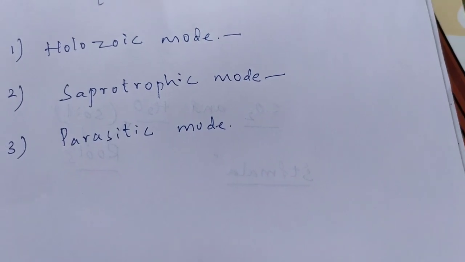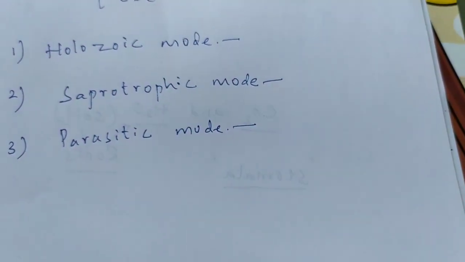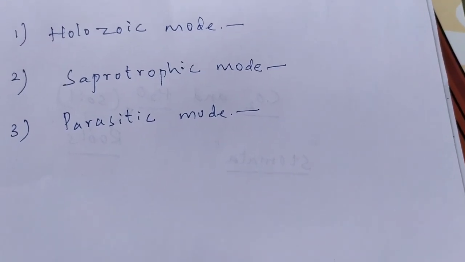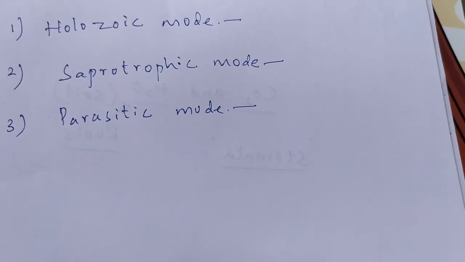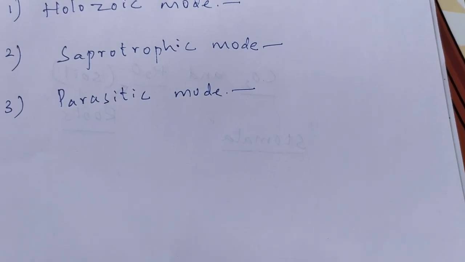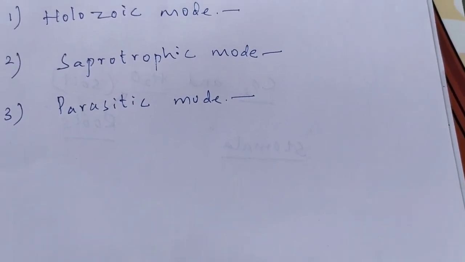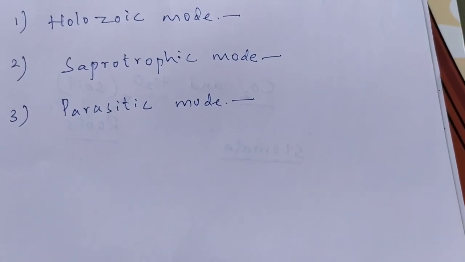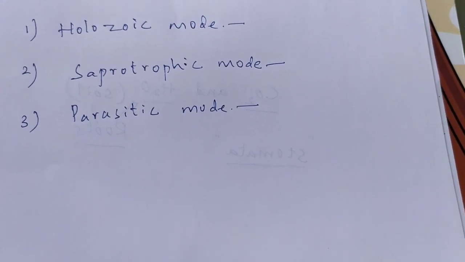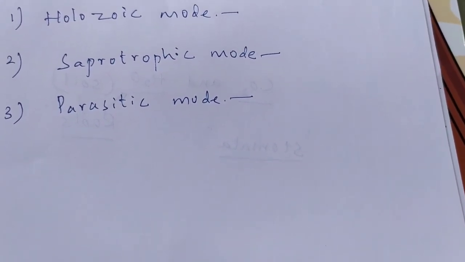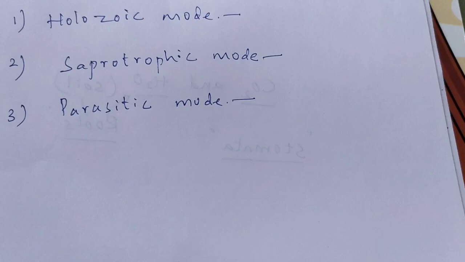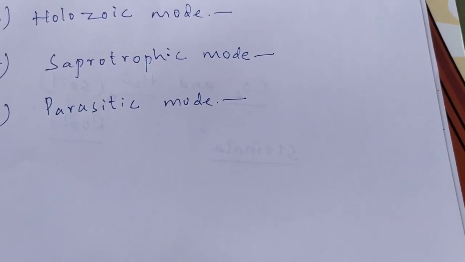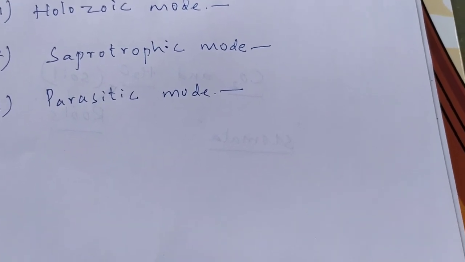The third type of nutrition is the parasitic mode of nutrition. This is a type of nutrition where the organisms derive food from the host. The organism which is dependent on the host is called a parasite. Host is a green plant and it is an autotrophic organism, and the parasite is a heterotrophic organism. The parasites derive the food from the host, so they deprive the host of its nutrients.